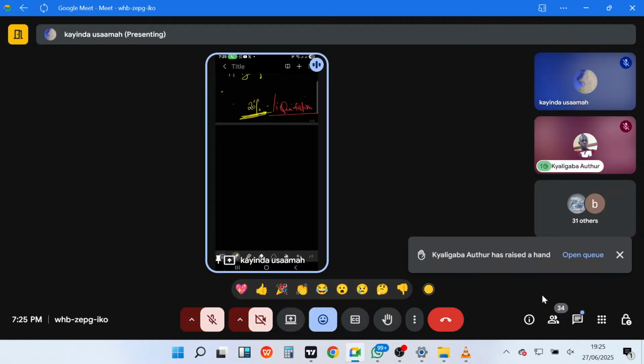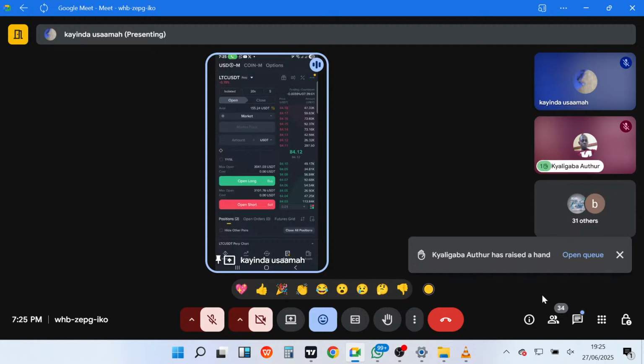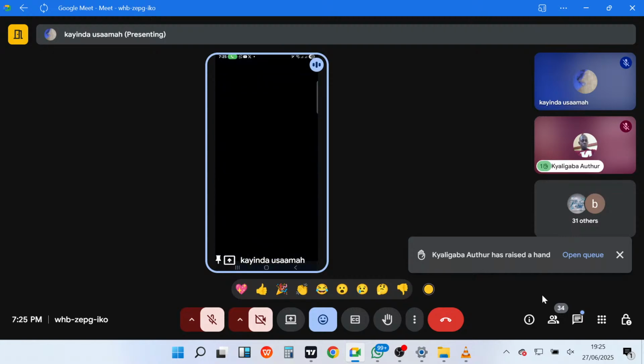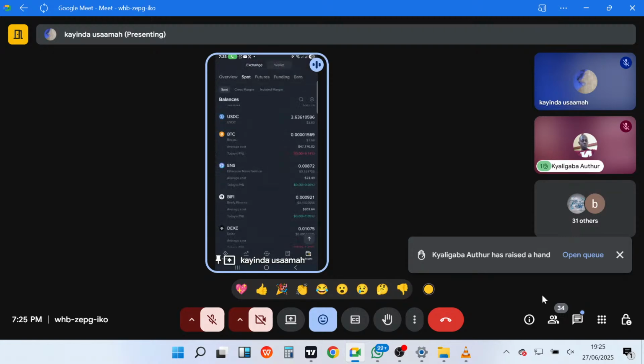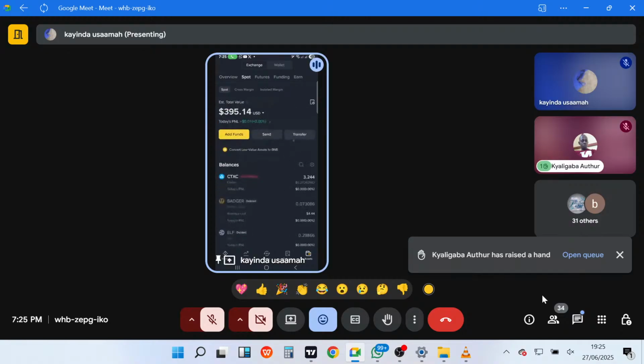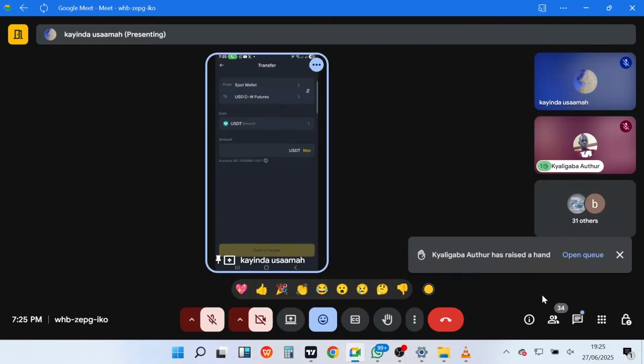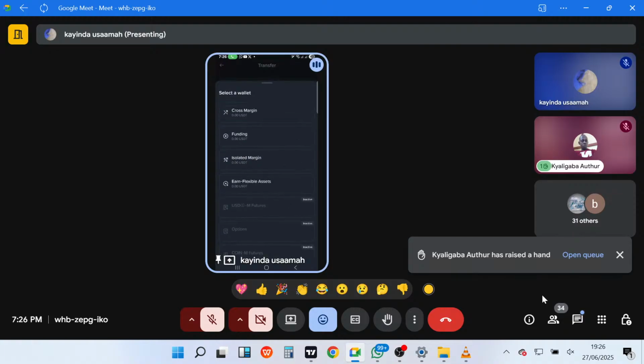So what you do, you come here on your Binance, tap assets, then come here up on spot, tap transfer from spot to futures. In futures, we have two wallets: USD-M futures and Coin-M futures.